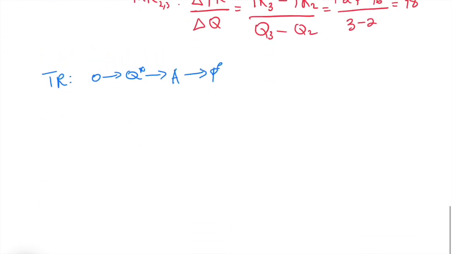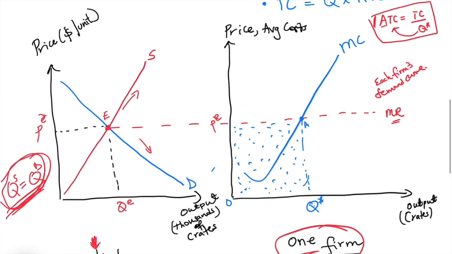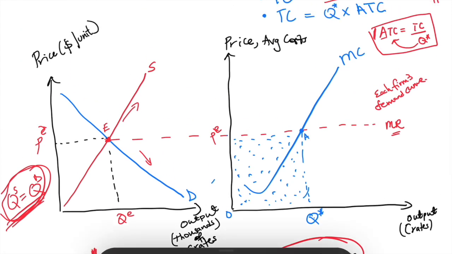To A to PE and back to 0. So that's that area shaded with the blue dots right here. Okay. So let me change my color real quick and draw for us.